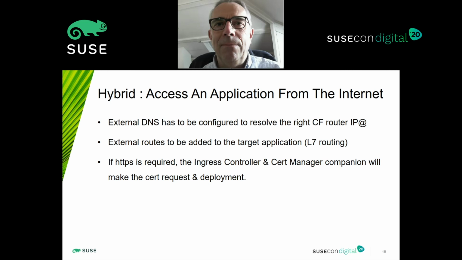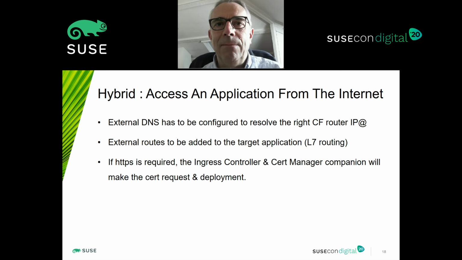In order to allow the right routing of your apps on incoming traffic, we described the need for DNS, so you will have to point the various CF router IP addresses to this DNS.